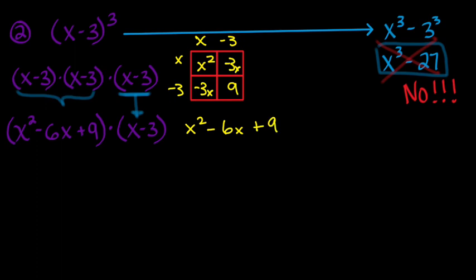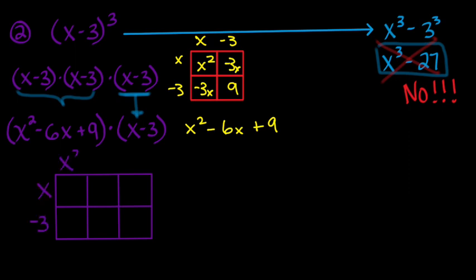Okay. And now we take that number, and again, this is why box is really helpful. I need to multiply it one more time. So I'll get x times x squared, getting x to the third, x times negative 6x, which is negative 6x squared, and x times 9.